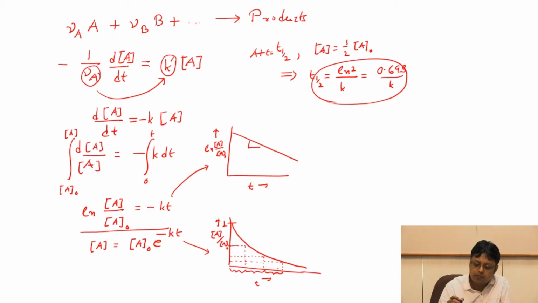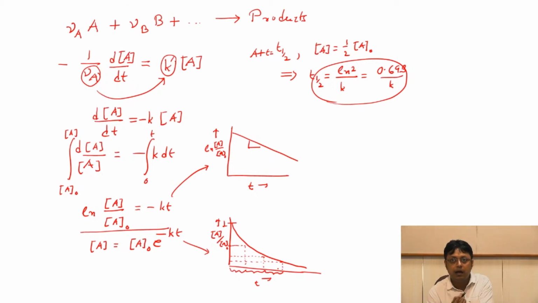You could also start from any arbitrary point, say 0.8, and ask at what time it goes to 0.4. This is very interesting, and this happens only for the first order equation.